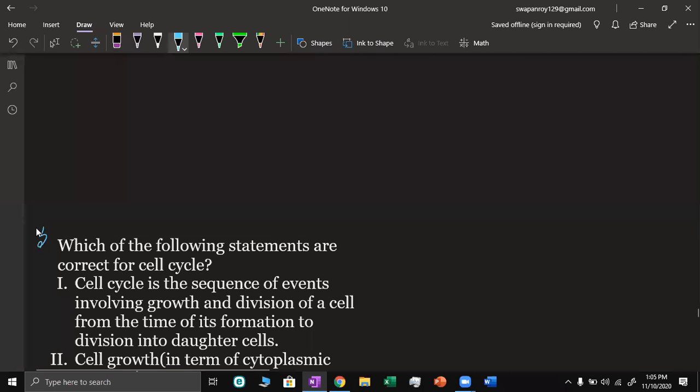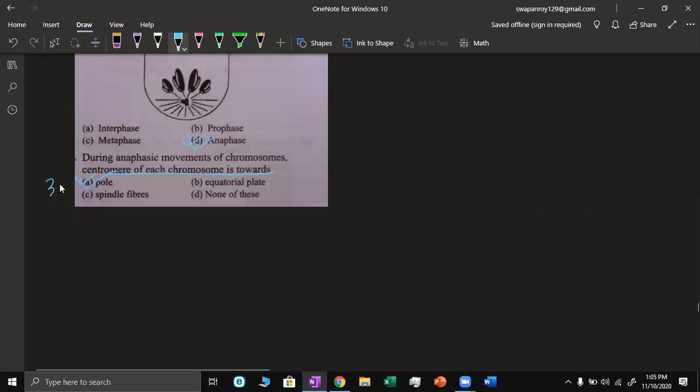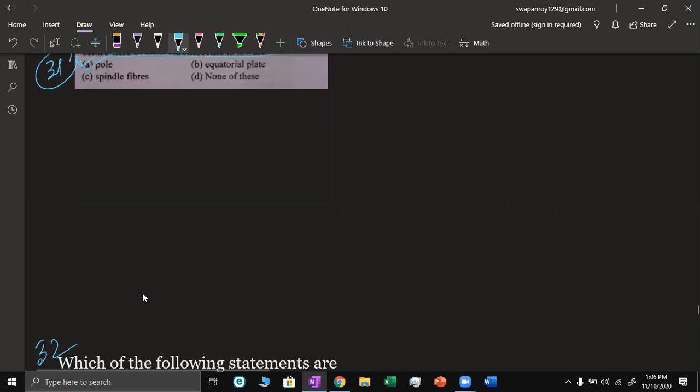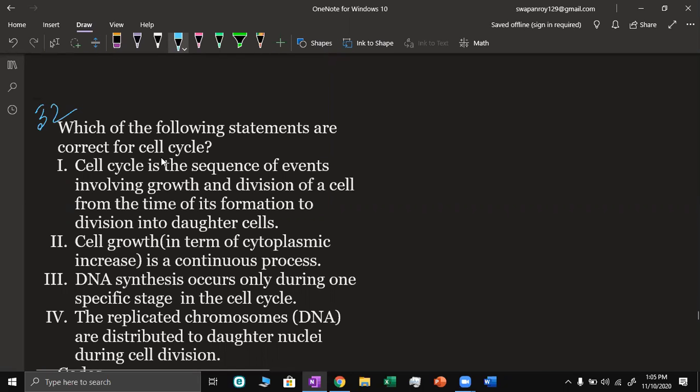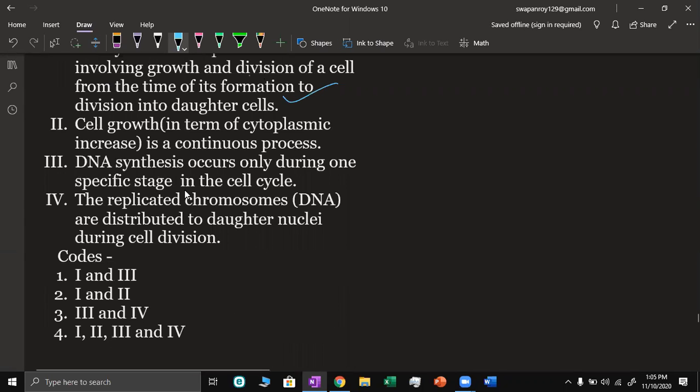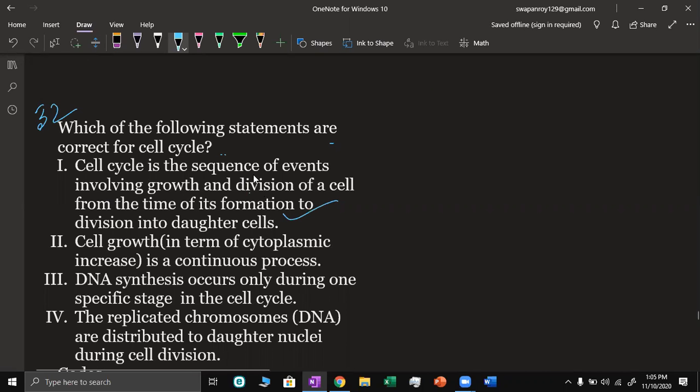So this is 32. This one will be 31. Which of the following statements are correct for the cell cycle? Cell cycle is the sequence of events involving, this is the definition of the cell cycle, cell growth. Cell growth is a continuous process.